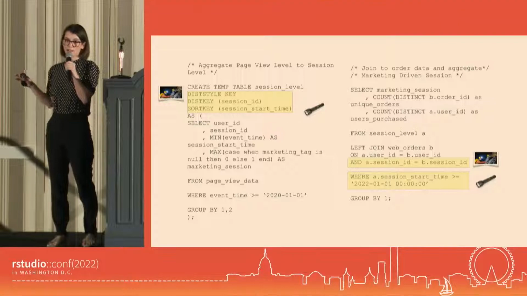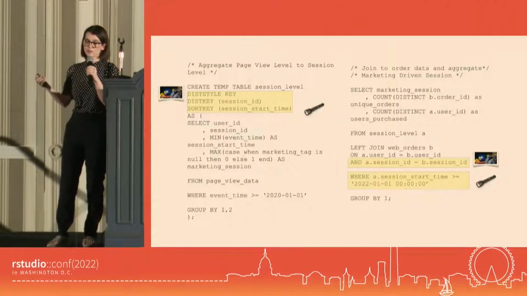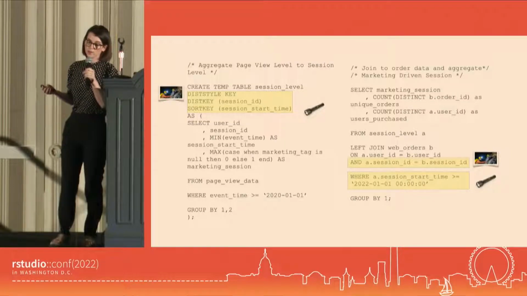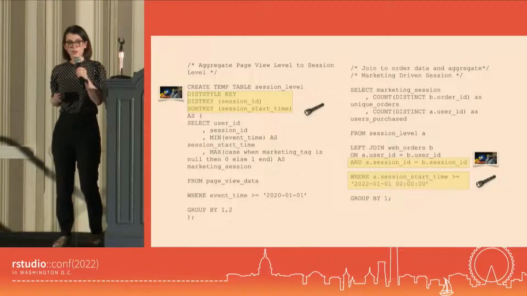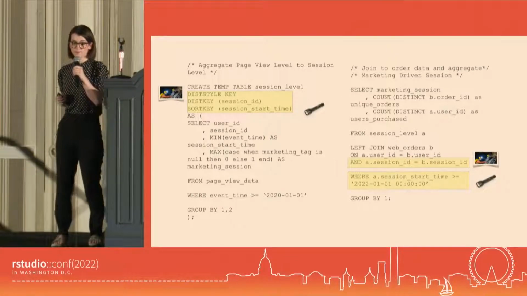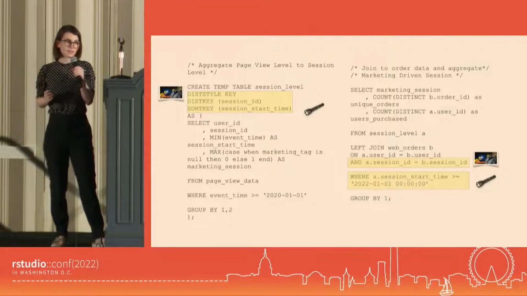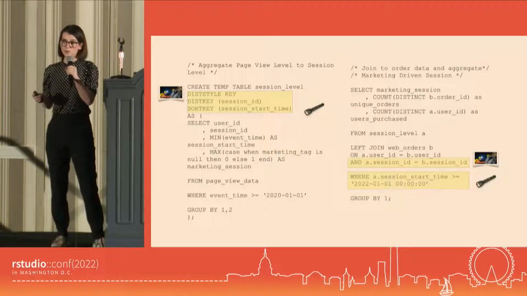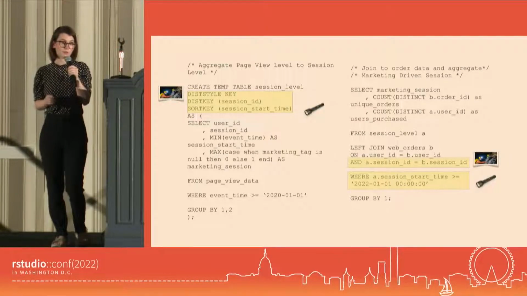On the right, I have a query that leverages the table that I just created and joins it to another table called web orders. And I'm joining to that table on user ID and session ID. Because we have specified session ID as a distribution key, all of the compute nodes will be used in this join, and it will make it run much more efficiently.